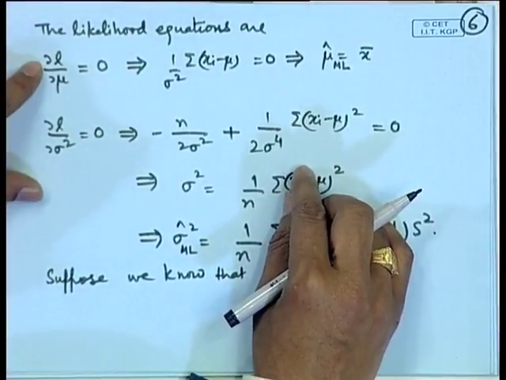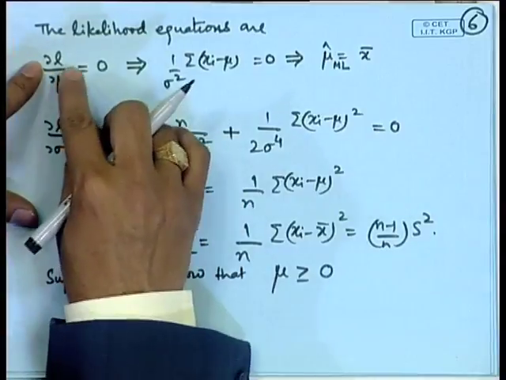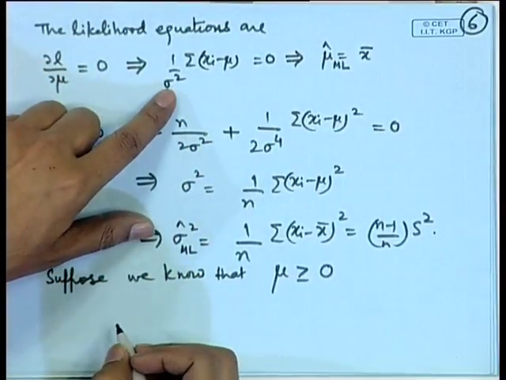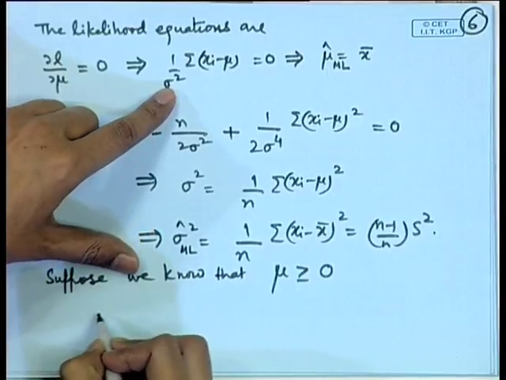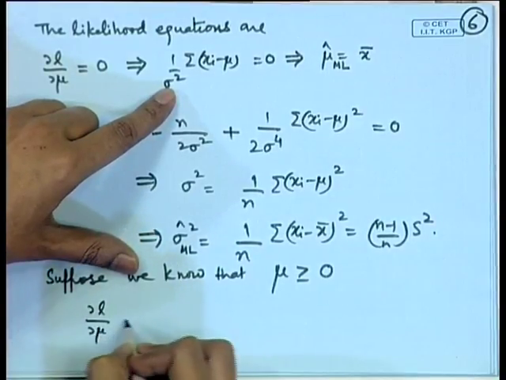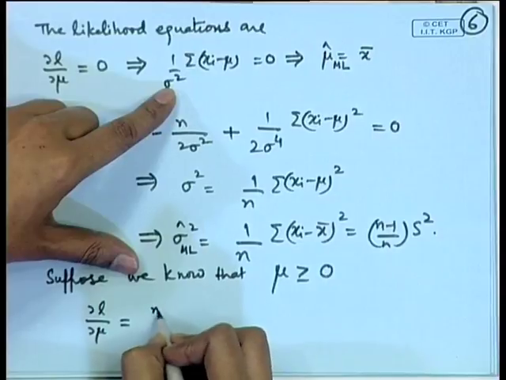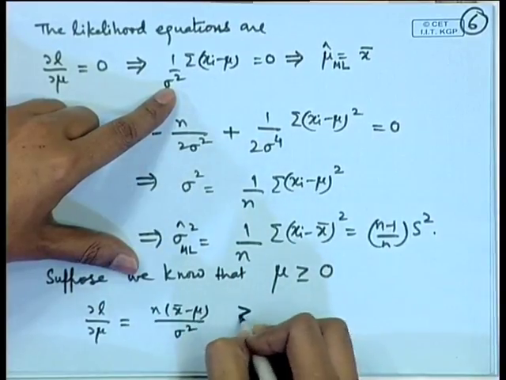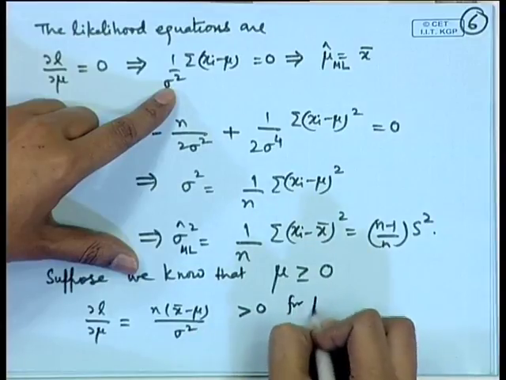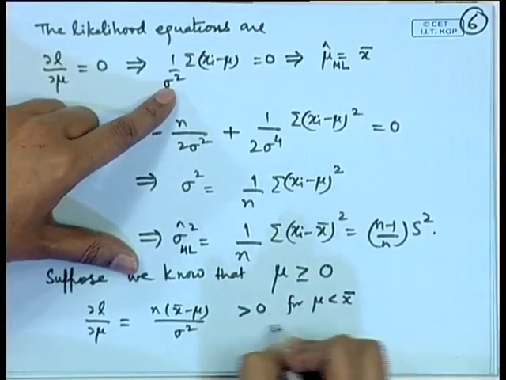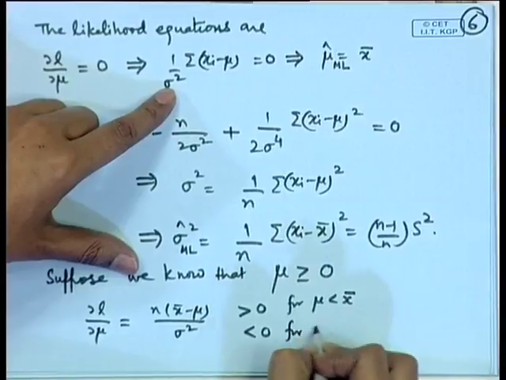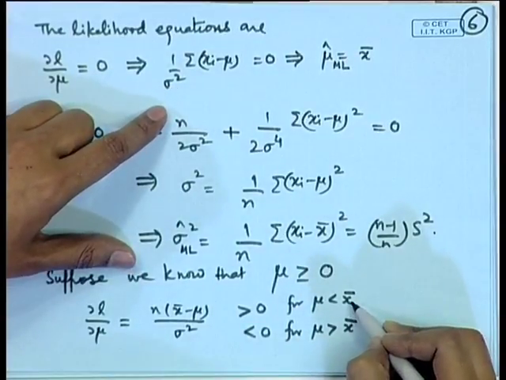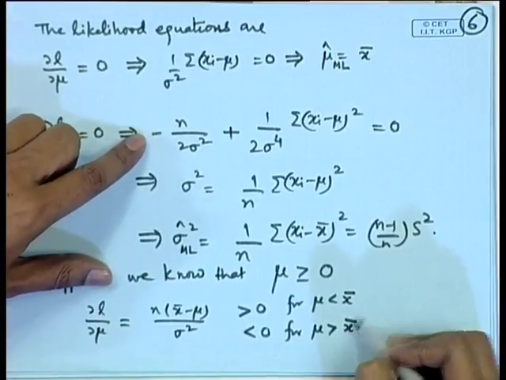With respect to mu, del L by del mu is n times (x bar minus mu) by sigma square. You can see that it is greater than 0 for mu less than x bar, and less than 0 for mu greater than x bar. That means the function is increasing up to x bar and decreasing beyond x bar.